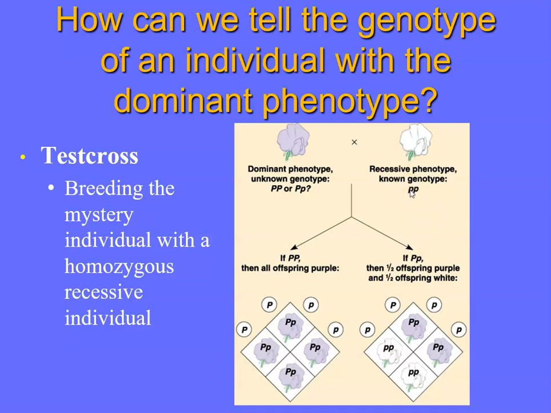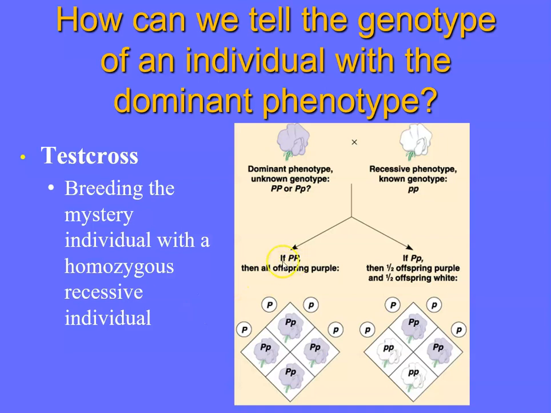So what he would have done, and what you could do in a similar scenario, is take that dominant phenotype and cross it with an individual with the recessive phenotype. There's two different scenarios depending on what the dominant genotype is.